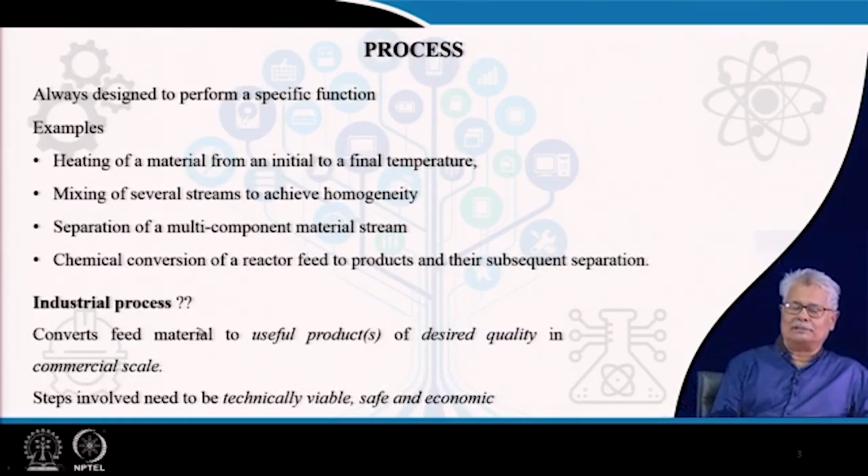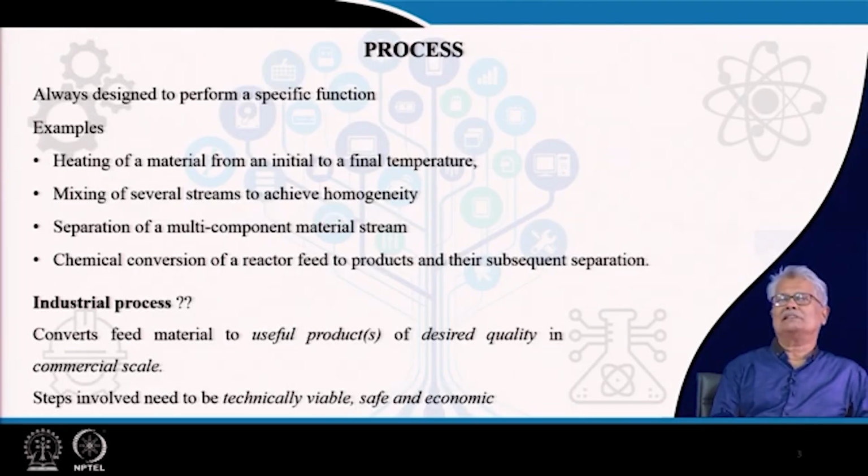If we talk about a process, it is always with a function, a very specific function. For example, if you are talking about a material which has to be heated, it could be a kerosene stream of maybe 70 meter cube per hour, available at a temperature of 30 degrees centigrade, to be used as a solvent and is to be used after heating it to a temperature of about 85.